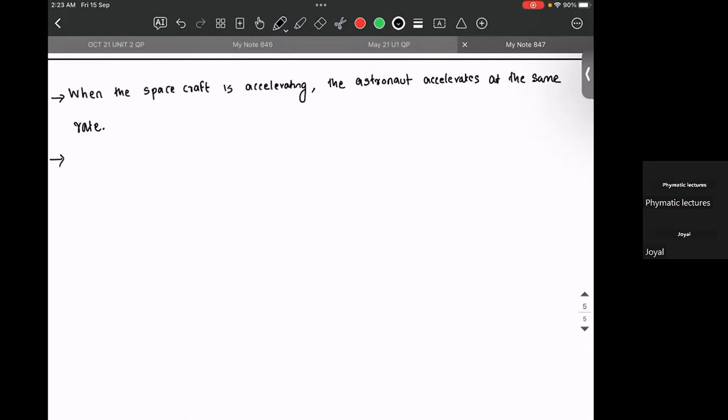So here the spacecraft is moving up. As a result, what happens? The seat is applying a forward force to the astronaut. So that is why the astronaut is accelerating upwards.